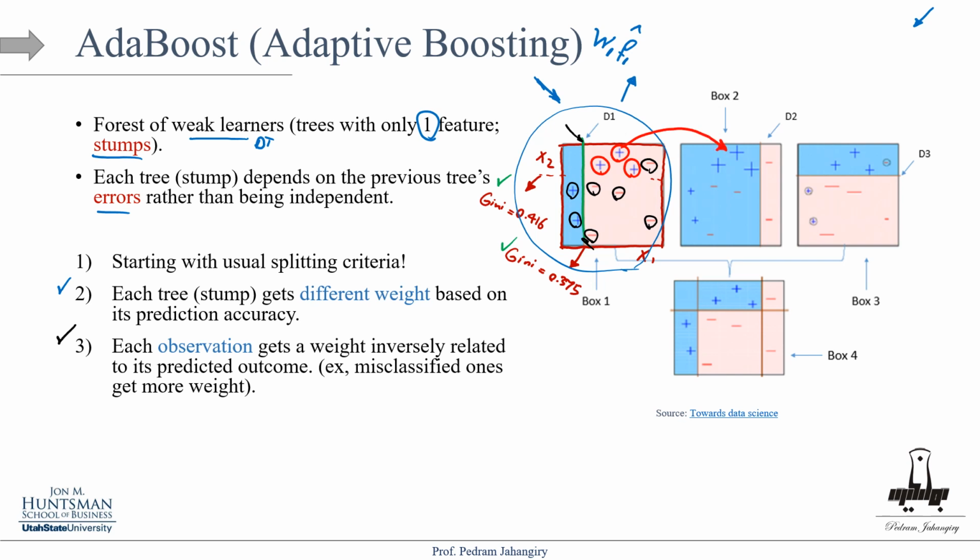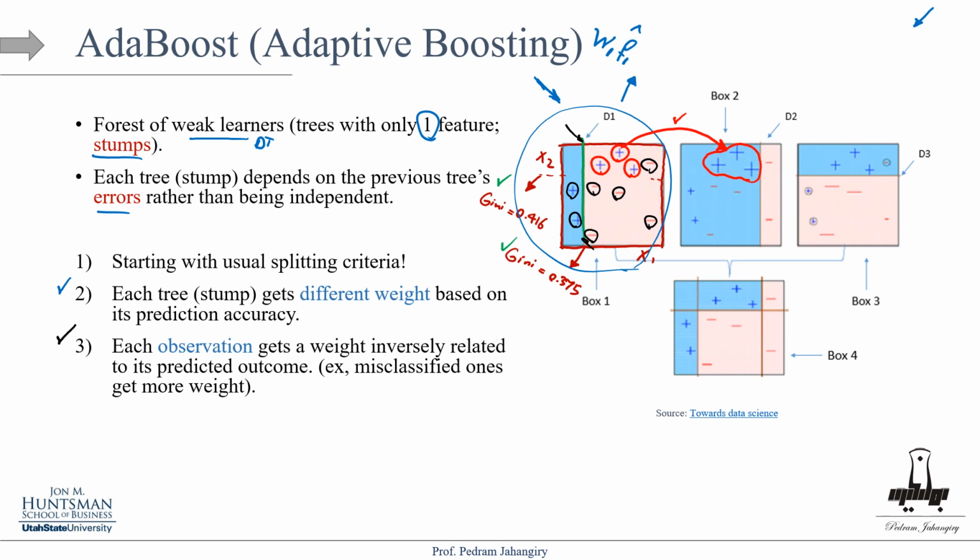Look at, at least visually, the magnitude of the blue pluses. They're larger compared to the rest of the observations, right? The rest of the observations, because in the previous tree they were classified correctly, we're going to give them less weight. And for the misclassified ones, we are going to give them more weight. Why? Because remember, the whole idea of boosting is that we want to fix the upcoming trees based on what was going wrong in the previous tree, right?